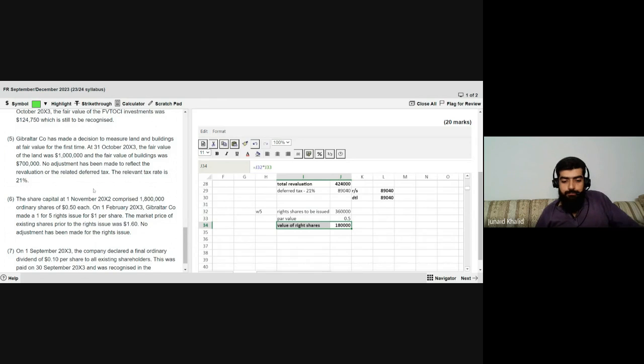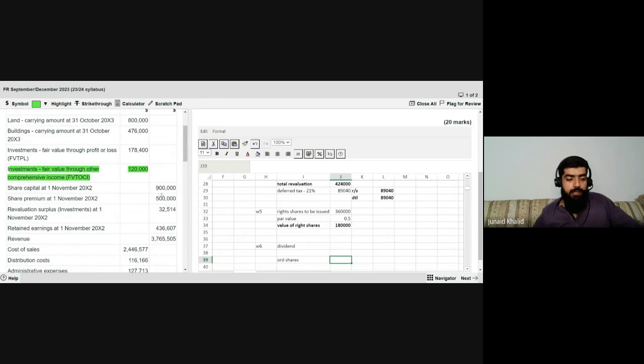Not at all. Remember, listen to me very carefully. Right shares to be issued, that is 3 lakh 60,000, and we are going to write shares issued at 1 lakh 80,000. That is the par value of the shares. Now, if you want to calculate the dividend, we first need the ordinary shares.